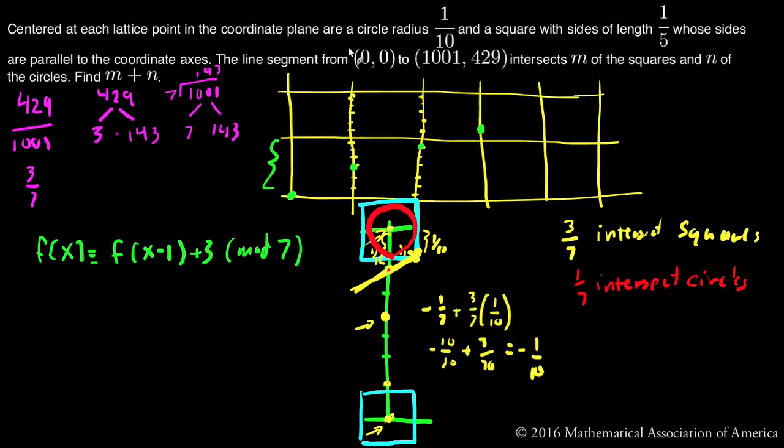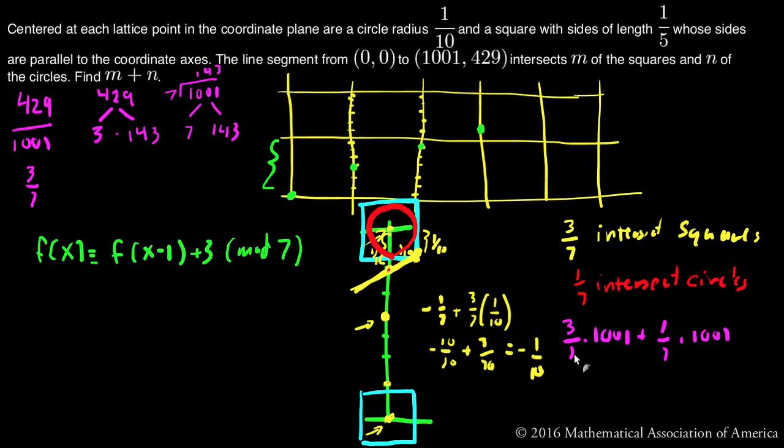And so if I go from (0, 0) up to here, I pass through an additional 1001 of these. So I'll do these computations: 3/7 times 1001, which is going to give me the m, almost, I'll talk about that in a second, plus 1/7 times 1001.